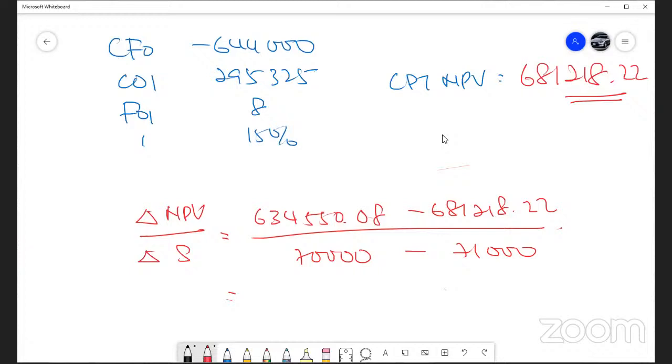All right. So what is this figure? You should be getting negative 46,668 divided by negative 1,000. So negative becomes positive.